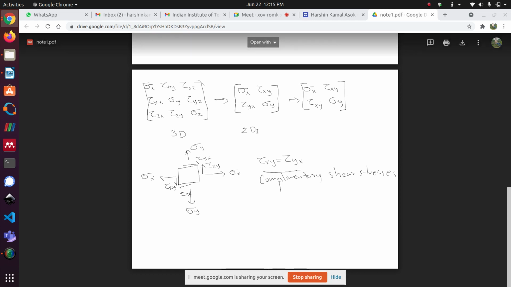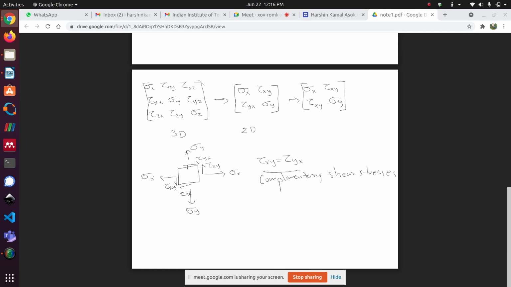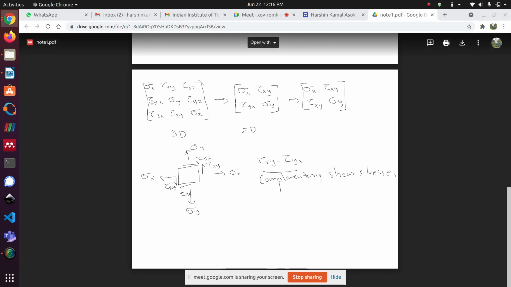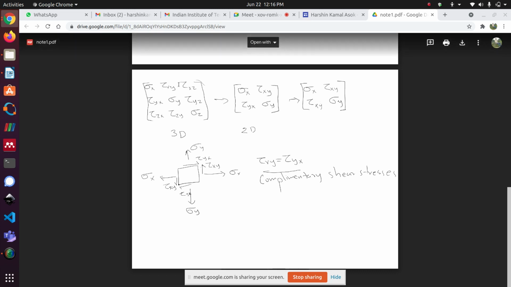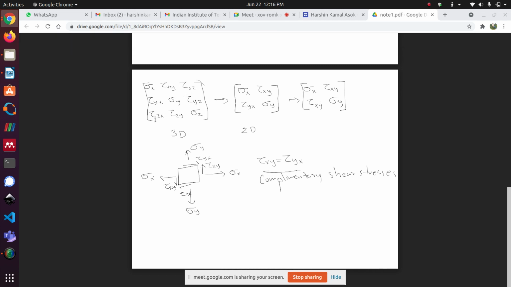And finally we figured out that many of the components in the stress tensor are equal. Means the stress tensor matrix is symmetric. Tau xy is equal to tau yx, tau xz is equal to tau zx, and tau yz is equal to tau zy.